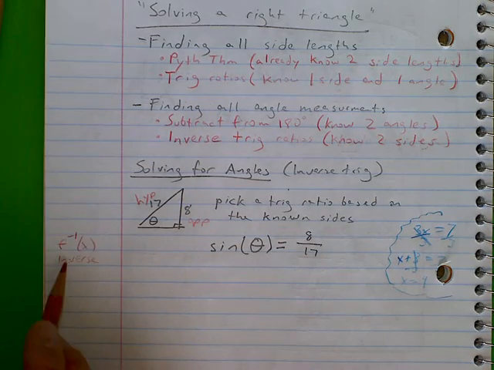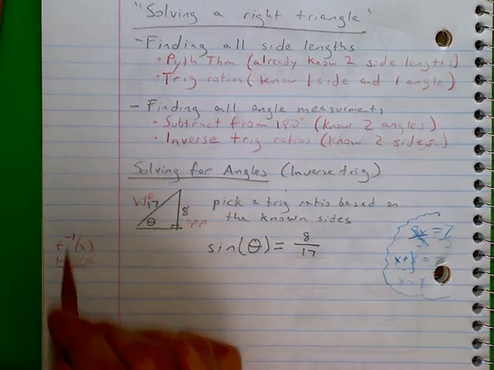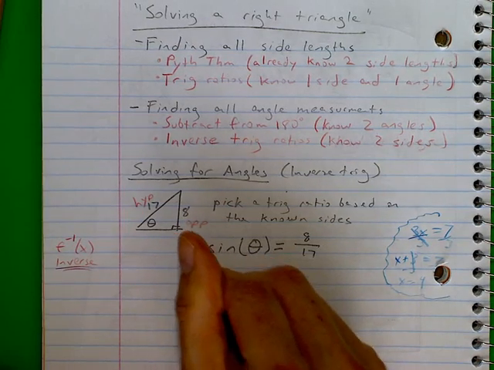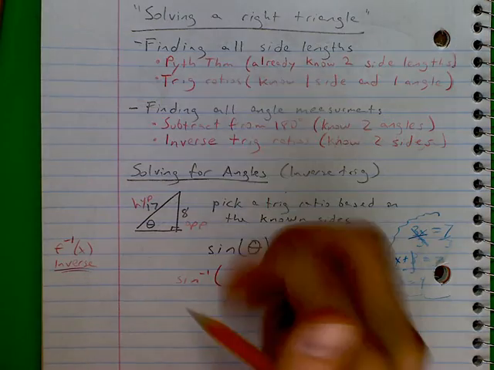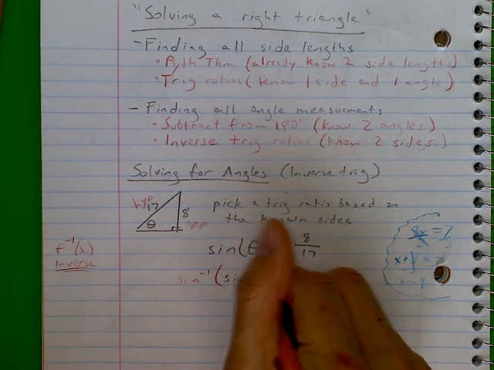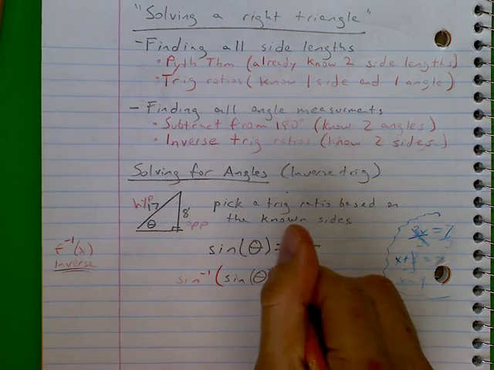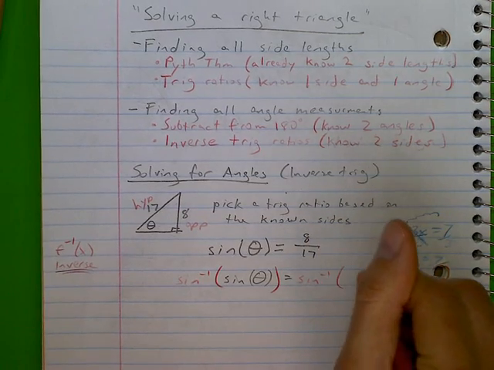But this is not a reciprocal, it's an inverse, because sine is a function. So what we're going to do is apply the sine inverse to both sides. So sine inverse of whatever's on the left-hand side equals sine inverse of whatever's on the right-hand side.